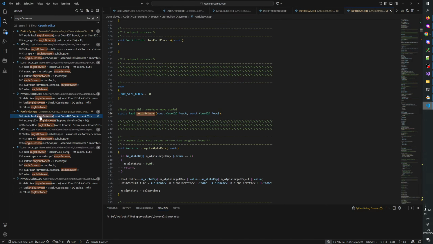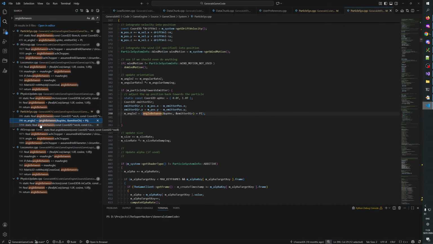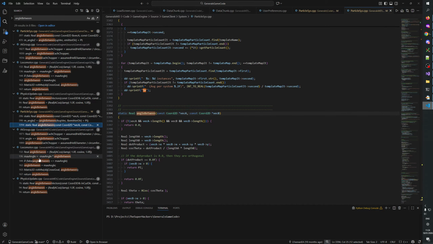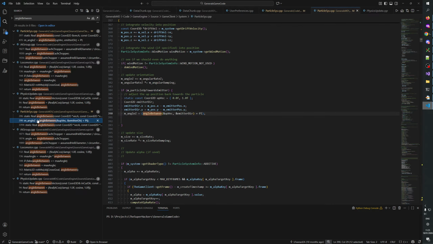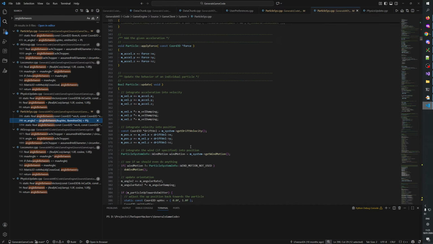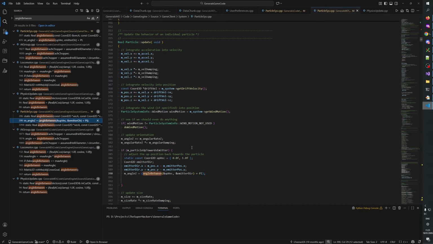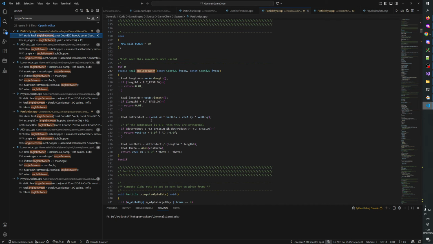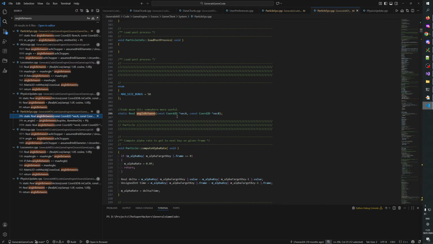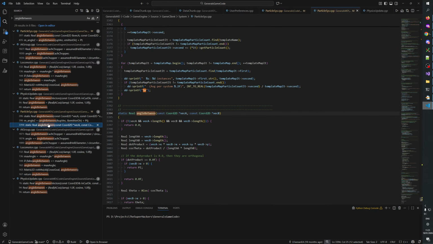Angle between. Okay, I'm a bit confused by this one because it's compiled out here, and here is empty, but it's still being used? How's that possible?